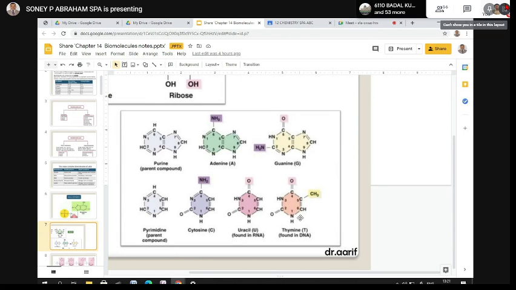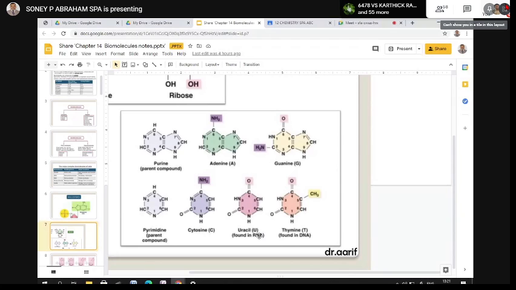Are you getting the difference? You should make 2 things clear. One, they will have 3 components, where a sugar component will be there in every nucleic acid, whether DNA or RNA, and there will be 4 nitrogen bases. Actually, 5 nitrogen bases are there. Out of these, 4 will be present in DNA, and 4 will be present in RNA.